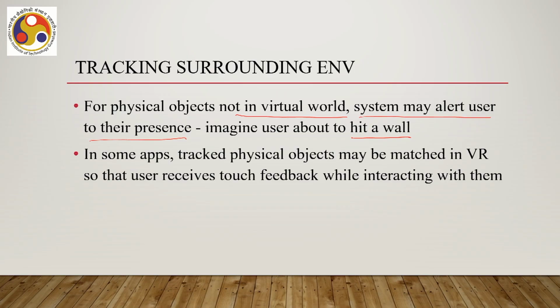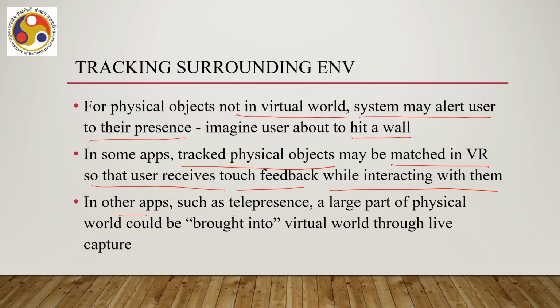In some apps, tracked physical objects may be matched in VR, so that the user receives touch feedback while interacting with them. That is also a way of utilizing the tracking information and giving the user a better, more natural experience. In other apps such as telepresence, a large part of the physical world could be brought into the virtual world through live capture.